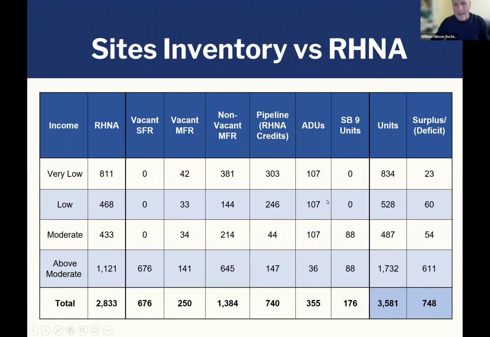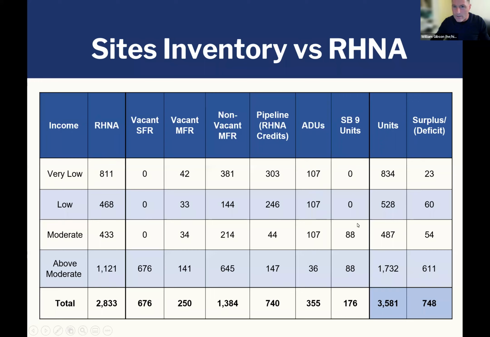ADUs, we allocate the affordability of ADUs based on a methodology that the Association of Bay Area Governments and the University of California, Berkeley came up with by looking at the actual market rentals and sale prices of ADUs. So this is based on real market data. So they're split across all categories, but they tend to be below the above moderate income.